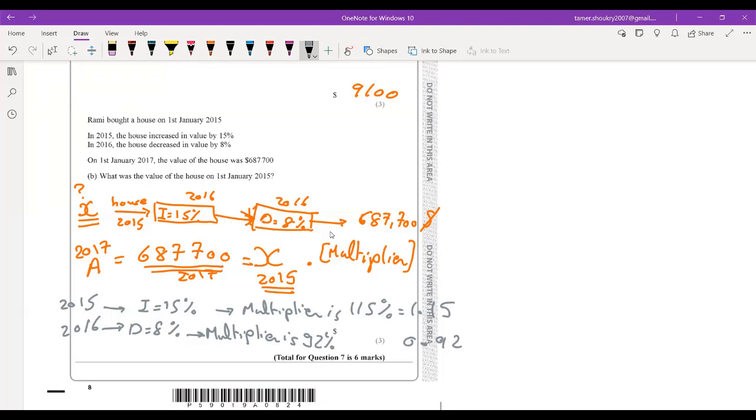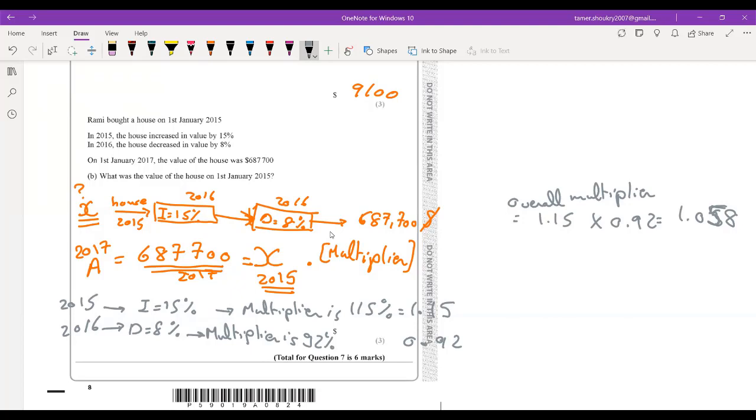Like this, the overall multiplier is equal to 1.15 multiplied by 0.92. This is going to give us 1.058. So the overall multiplier is 1.058.